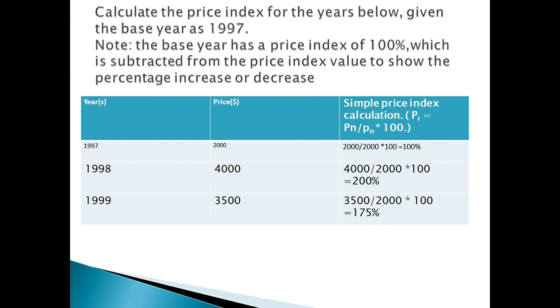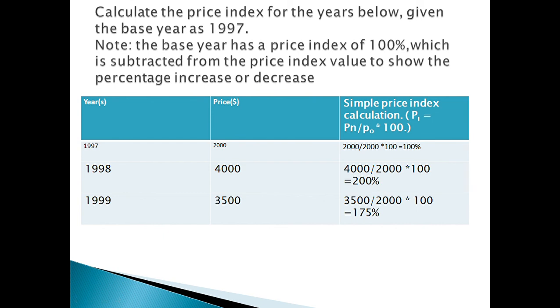But for 1998, we have 200%. And when we take away 100% from this, we are left with 100%. So we say as at 1998 in comparison to 1997 as your base year, the price of goods and services increased by 100%, which is the leftover after deducting 100% from this.